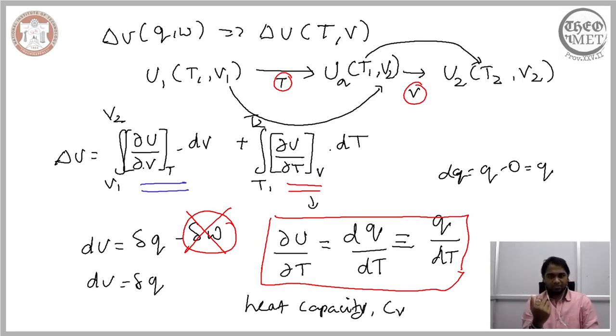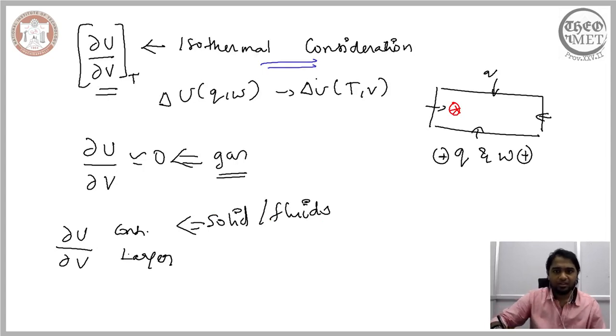Now, what we have seen is we have considered a constant volume condition and a constant temperature condition. So in this context of discussing the change in the internal energy of the system, we have considered the isothermal condition here, and we have considered a condition where there is no change in the volume.